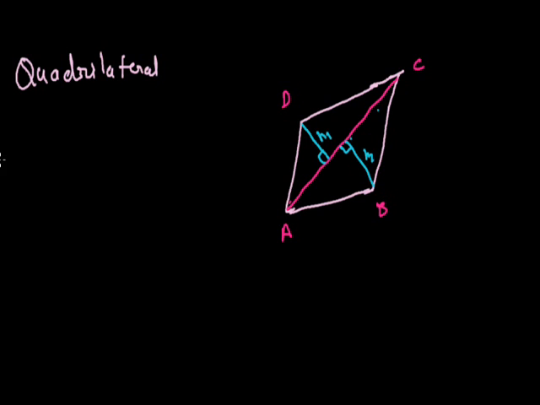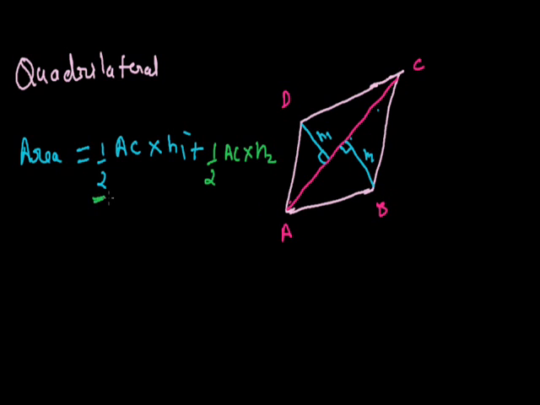So we can write the area of the quadrilateral as half AC into h1, since the area of a triangle is half base into altitude, plus half AC into h2.